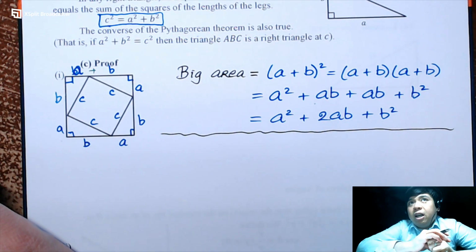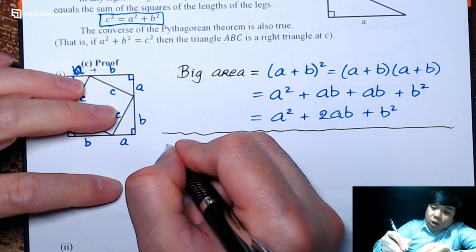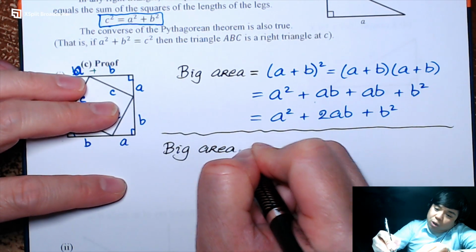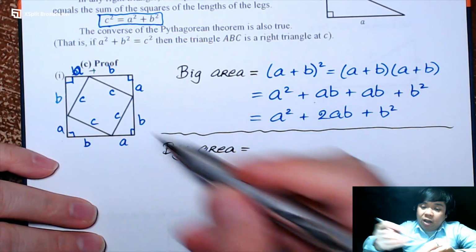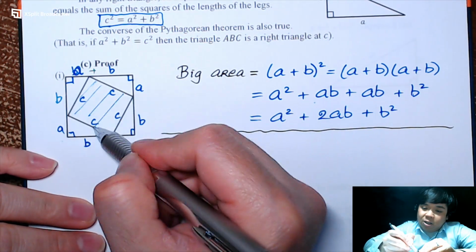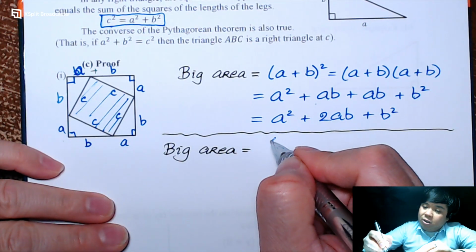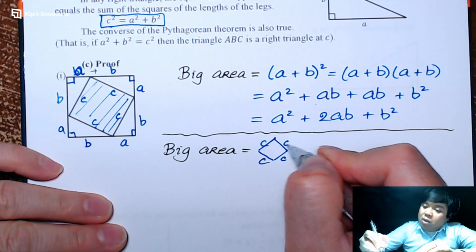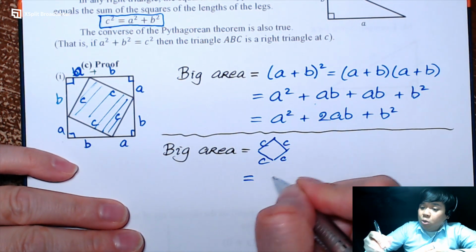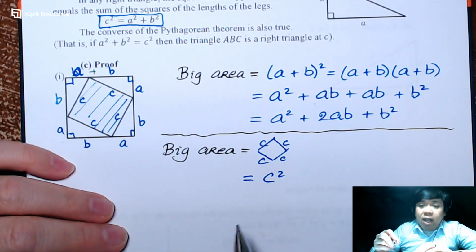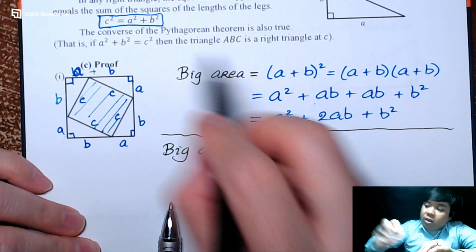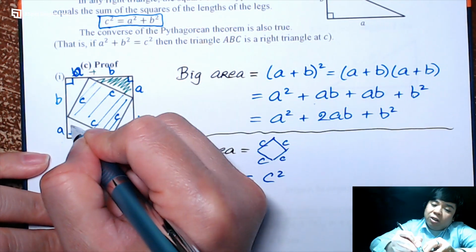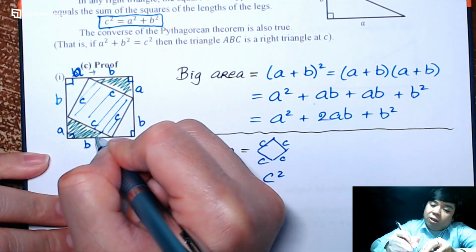Now, that's one way to do it. Another way to do it is to find the area of this square, of course C by C, so that area is equal to C squared. And then we have 4 little right triangles here.